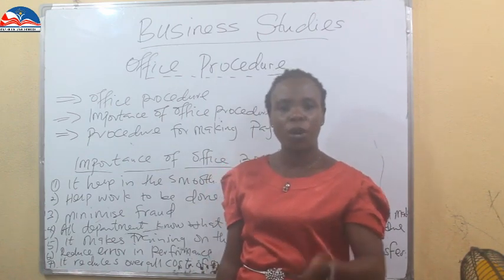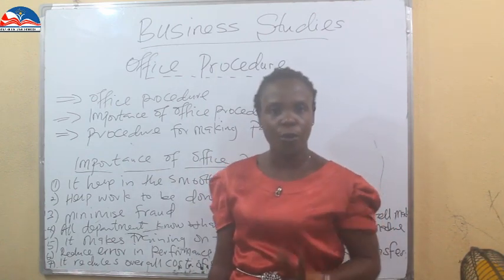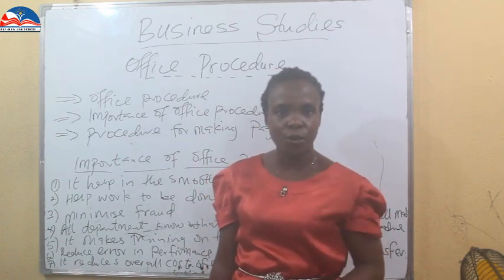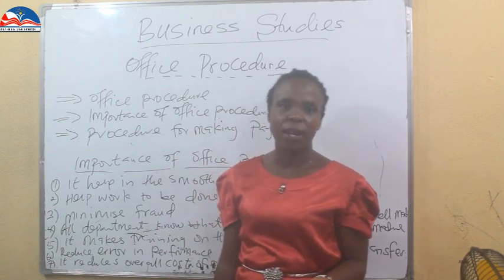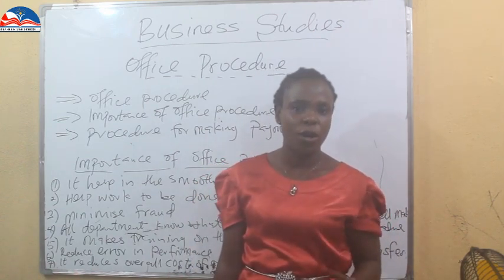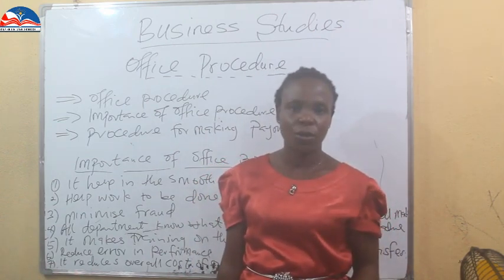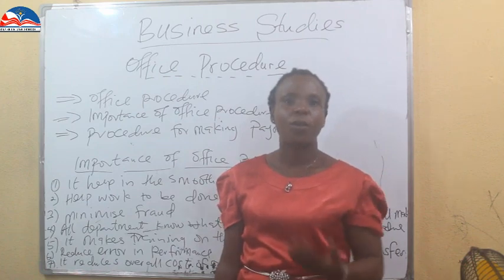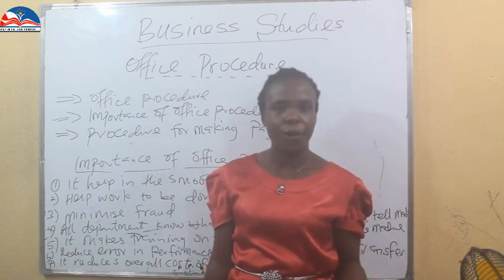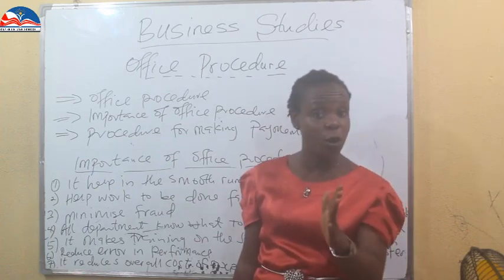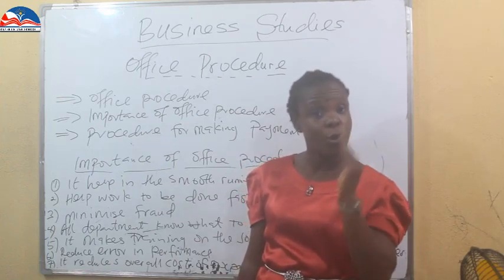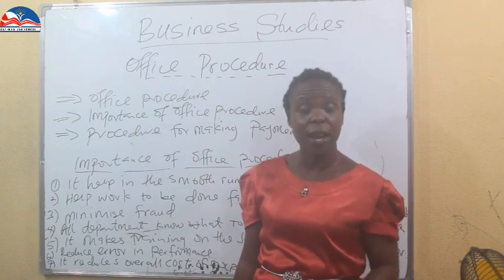No. Because it is a procedural way of doing things, it is laid down rules. It has its own steps of doing it. Errors are minimized. You are not going to make so many errors, unlike somebody who is doing trial and error. You have a procedure on what to do and how to follow. And when you follow it exactly the way it's laid down, you are going to come out with the desired outcome.